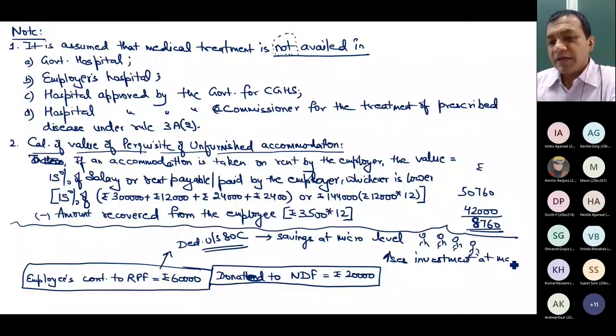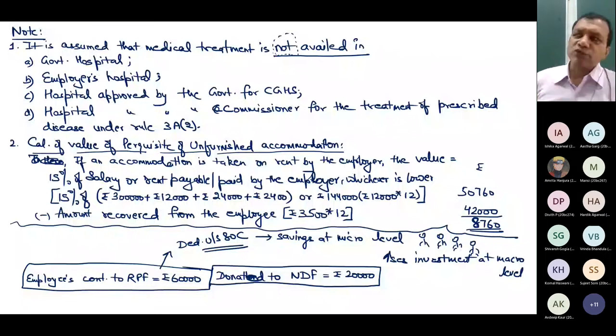80C promotes people to come forward to save for themselves, but their saving ultimately comes in the economy through life insurance premium, through public provident fund, through banking system, etc. Ultimately, economy gets investment, government gets the amount indirectly. So savings at micro level promotes investment at macro level.